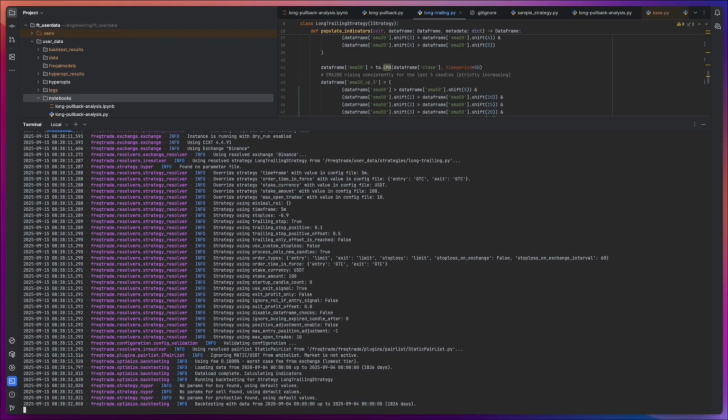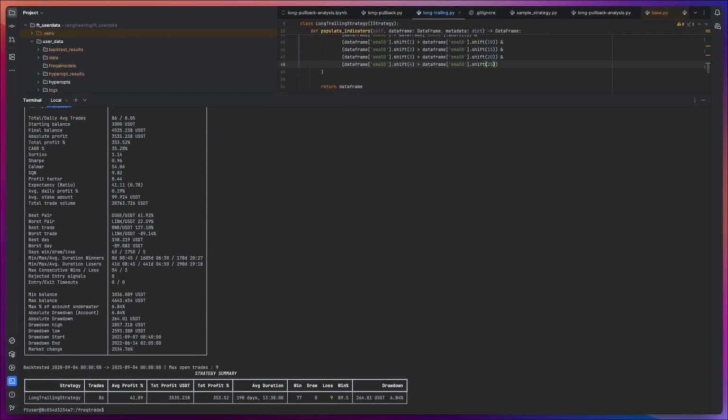Let's see. All right, so it took a couple of minutes for this strategy to run. We ran it for the 5 years, and we got really good results. So we made 86 trades, not a lot, and the winning ratio is almost 90%, which is super good.